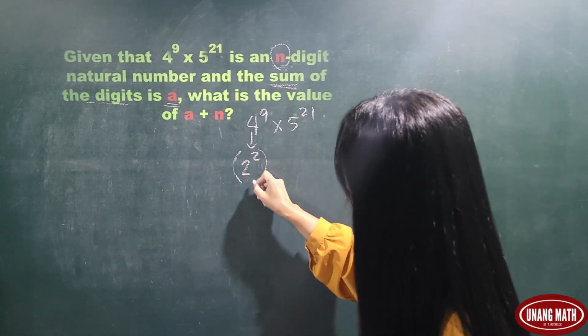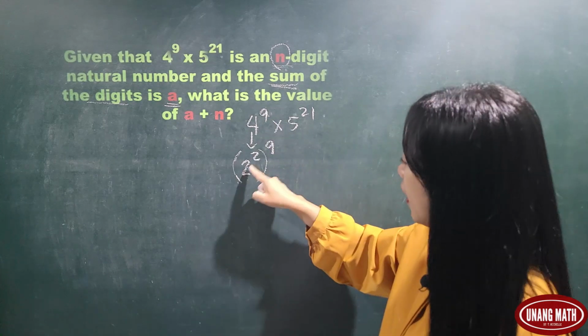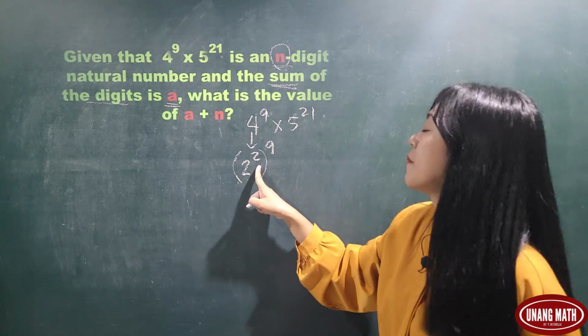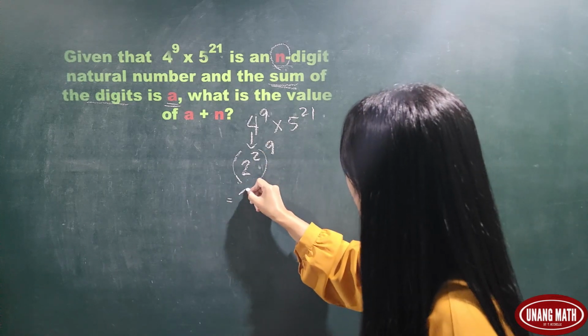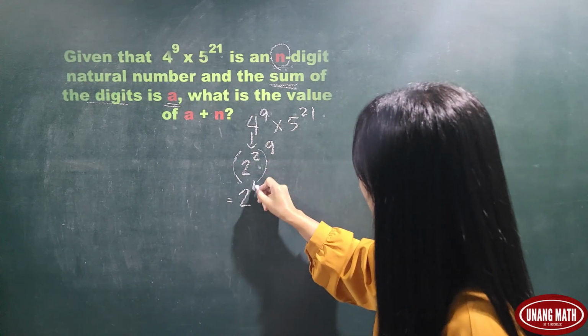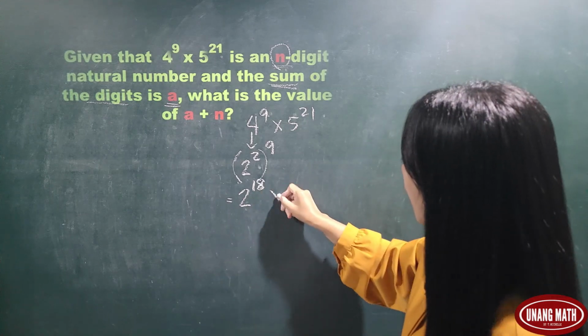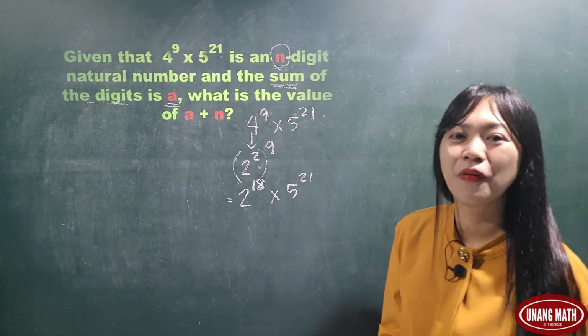Put 2 squared inside the parentheses and raise it to the power of 9. To simplify, we use the power of a power rule of exponents. So this is equal to 2 and then 9 times 2 is 18. So we have 2 raised to the power of 18 times 5 raised to the power of 21.